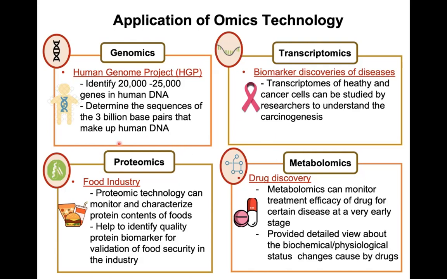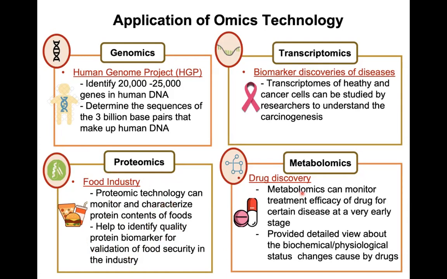Okay, so this one next is the proteomics. Proteomics selalunya melibatkan food industry, which is protein, kan, kita deal dengan protein. So proteomic technology can monitor and characterize the protein content in the food and also to help to identify the quality protein biomarker for validation of food security in the industry. So ni proteomics.